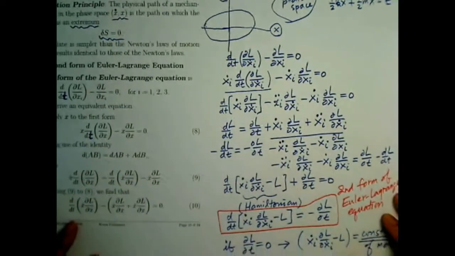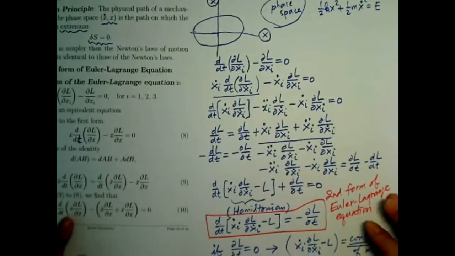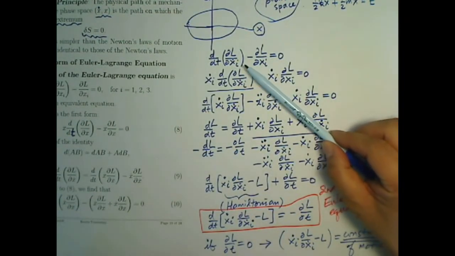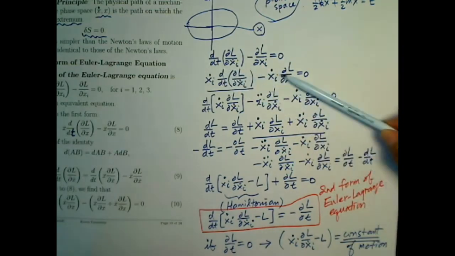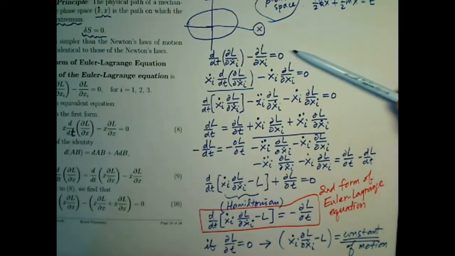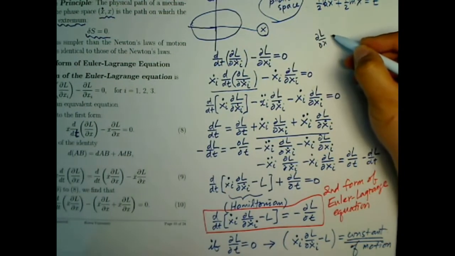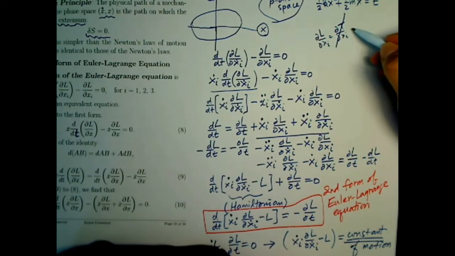Next, we consider the second form of the Euler-Lagrange equation. The Euler-Lagrange equation was in this form, and we multiply by the velocities. If we multiply by the velocity, then this is a force. L equals T minus V. Kinetic energy disappears.